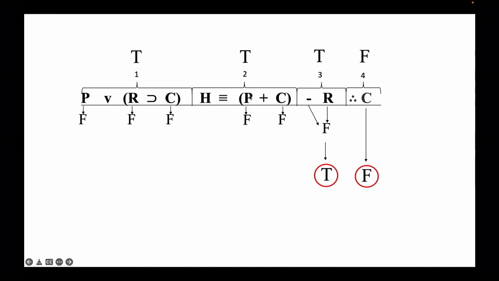So if P is false, the combination of false and false will render the statement inside the parentheses false. So if the conjunction is false, I know for sure that H must be false, because remember that premise 2 is a double conditional.